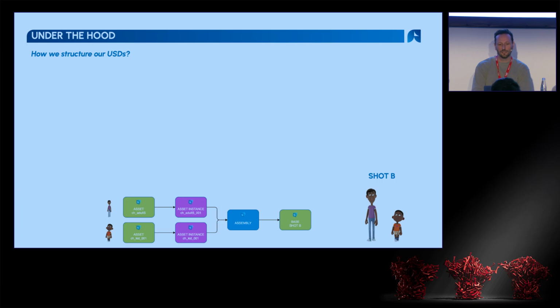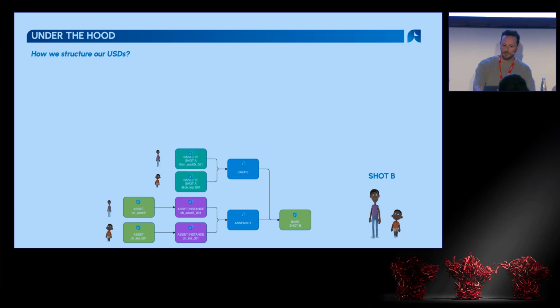In shot B, usually we have 1 layer, the assembly. Its role is to determine which character must be included in the shot. And then on top of it, we have the new cache layer, which will call the base light from the shot A and say, I would like the adult, and another content which says, I would like the kid.